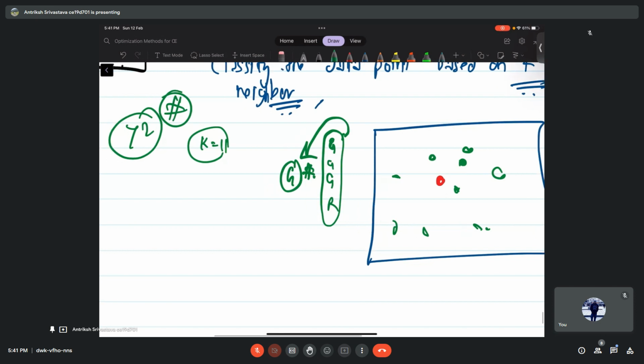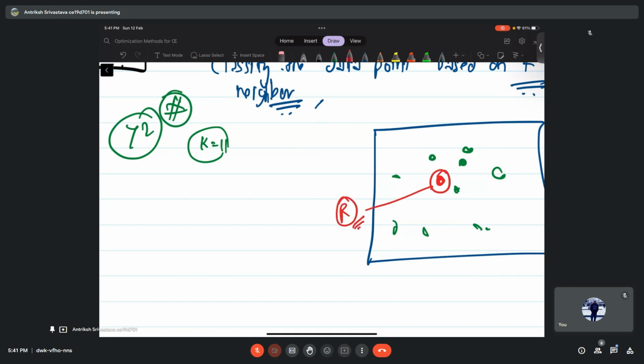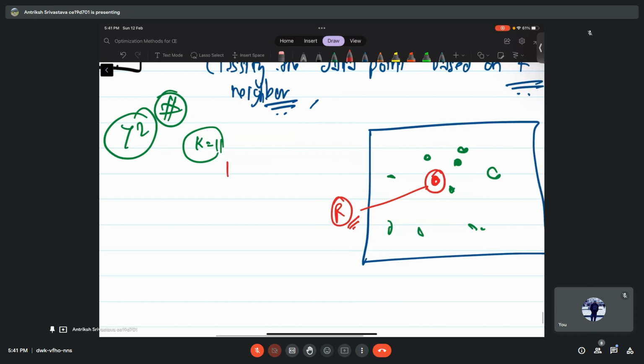Okay, so it is going to classify it as a red point only, because it doesn't care now about the other side neighbors. What happens if k is equal to 2? When k is equal to 2, its own input is going to tell it that it is red, and the other input that it is going to get from the neighbor is going to tell that it is green. Then it's a case of what kind of function you are using.